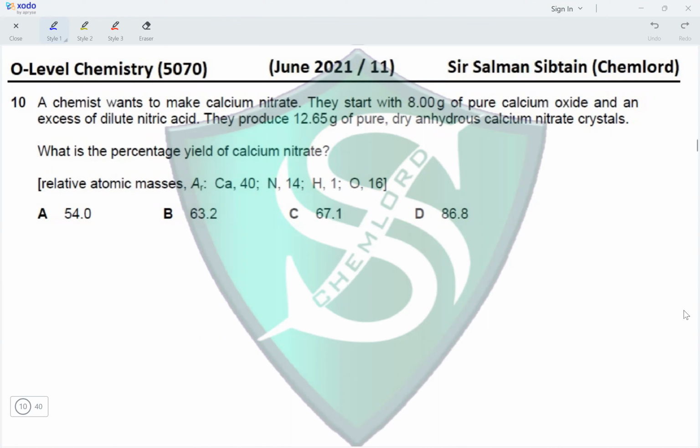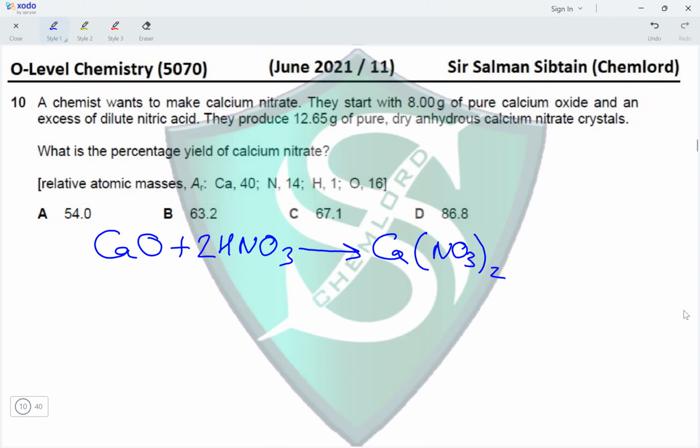So first thing, what is the reaction between calcium oxide and nitric acid? It is CaO plus 2 moles of HNO3 giving us calcium nitrate and producing water.